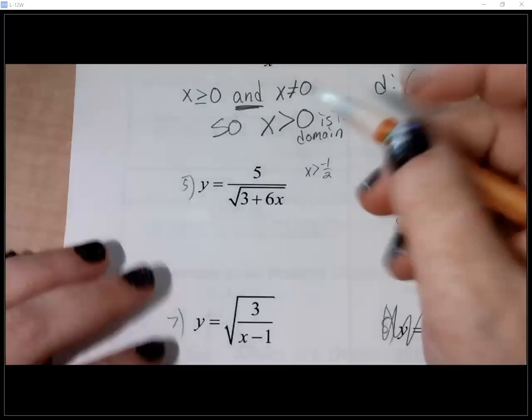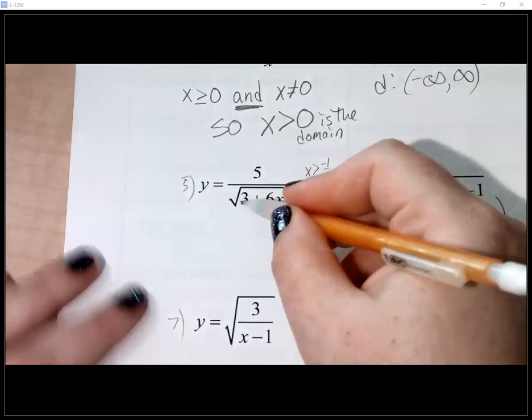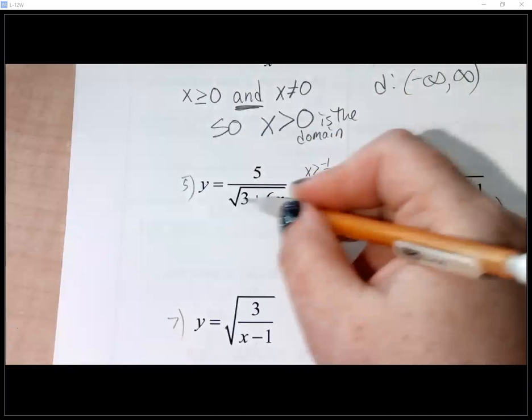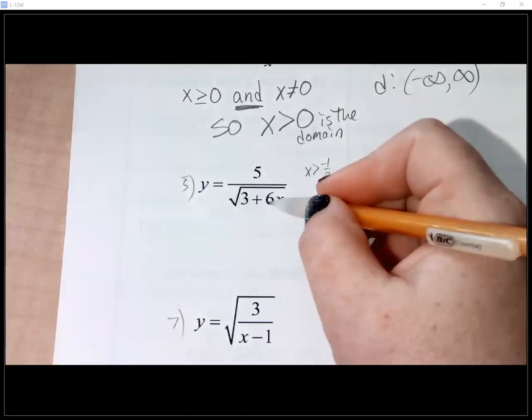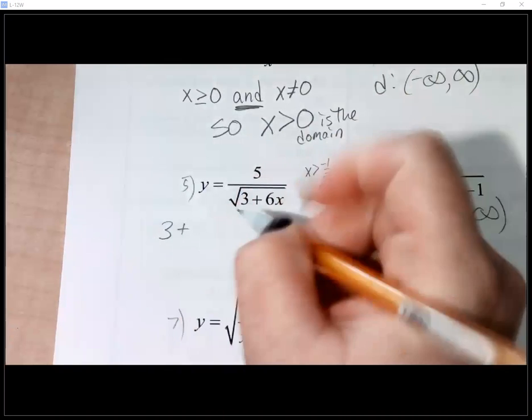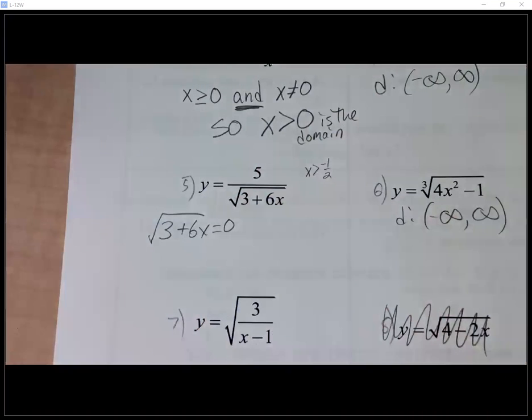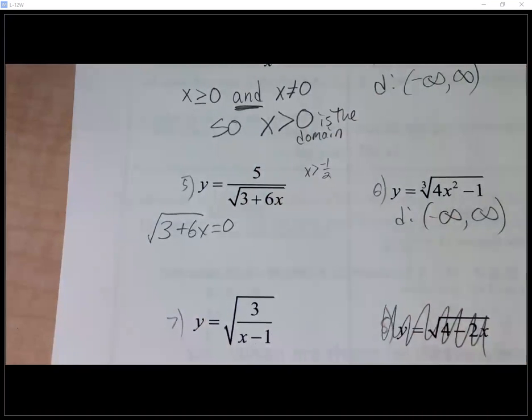So 2 issues. First, I can't ever have this thing down here because it's in the denominator. It can't ever equal 0. Okay, so I'm going to set it equal to 0 and I'm going to solve for it, because whatever answer I get there, I know I'm not allowed to have.